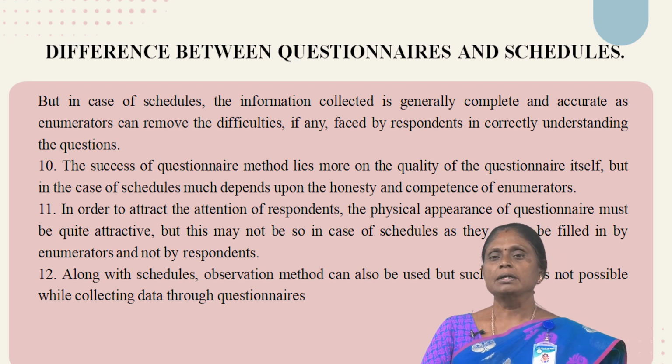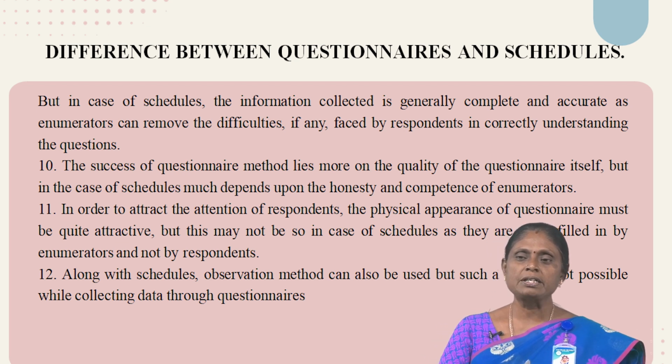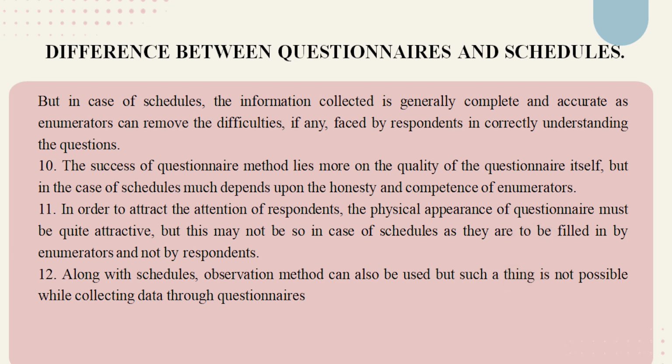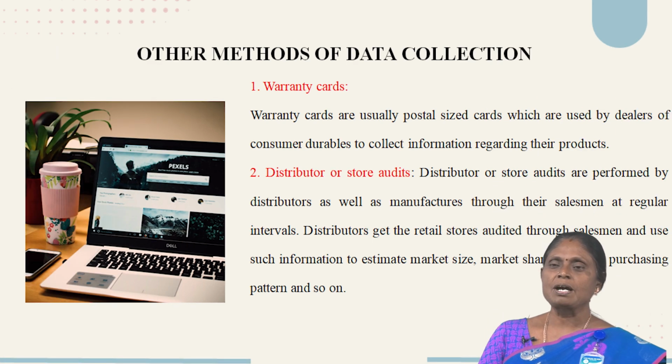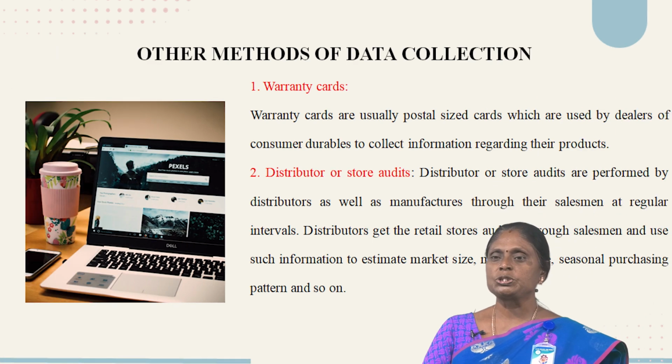Along with schedules, the observation method can also be used, but such a thing is not possible while collecting the data through questionnaire. Other methods of data collection are warranty cards and distributor or store audits.